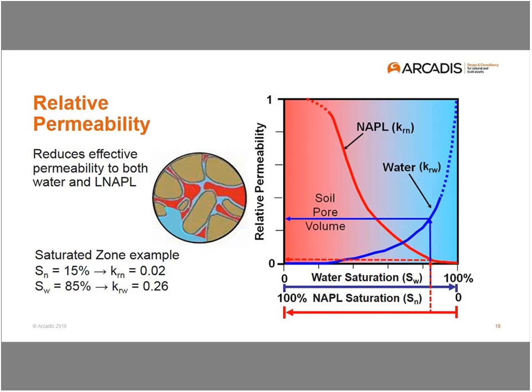So again, within the LNAPL body, where LNAPL is in some of the pore space, just the presence of the LNAPL is going to restrict the movement of water within that LNAPL zone.